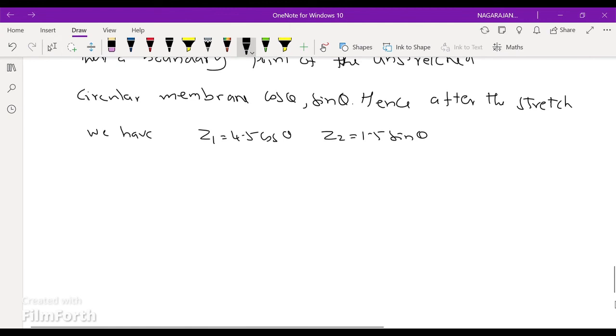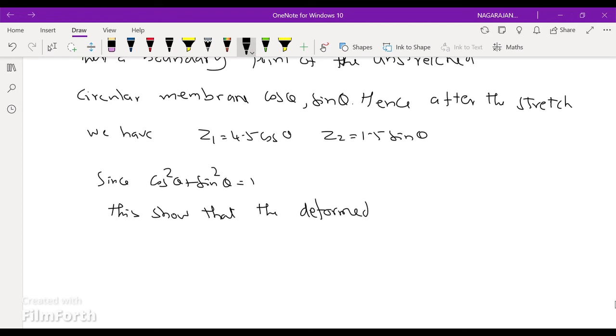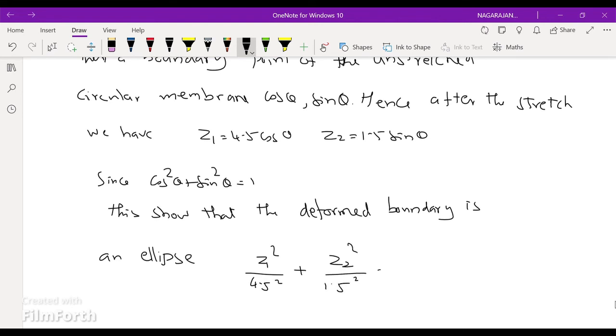Since cos squared theta plus sin squared theta equal to 1, this shows that the deformed boundary is an ellipse, because z1 squared by 4.5 squared plus z2 squared by 1.5 squared equal to 1.